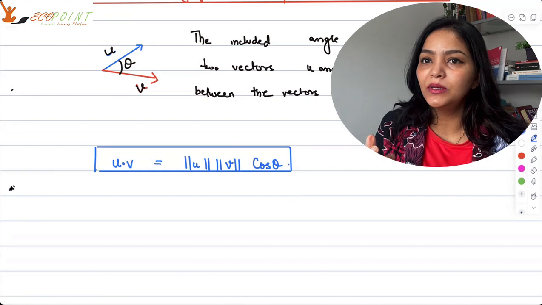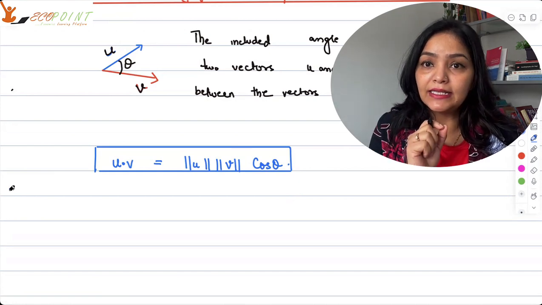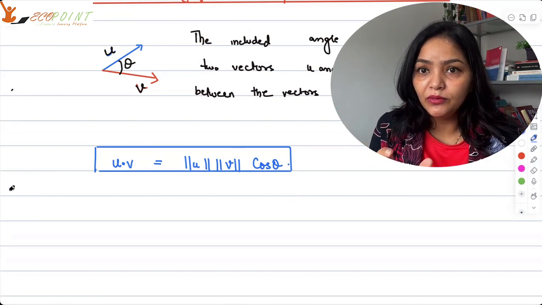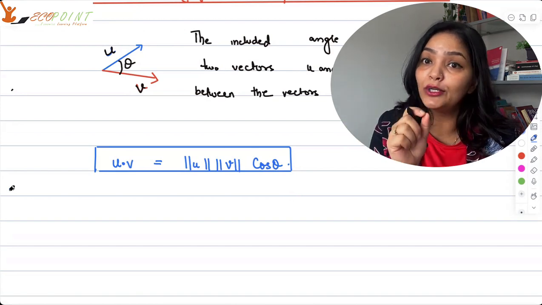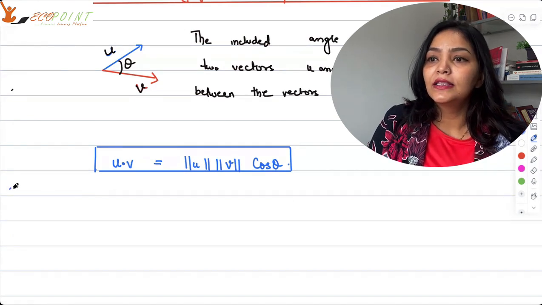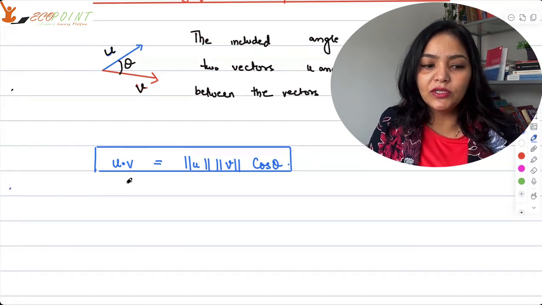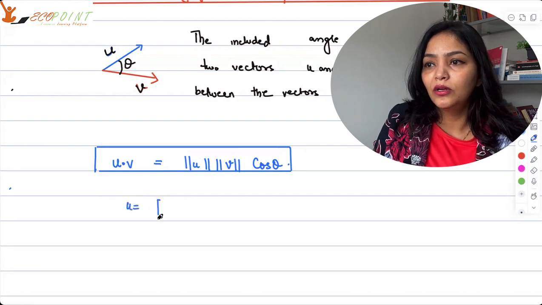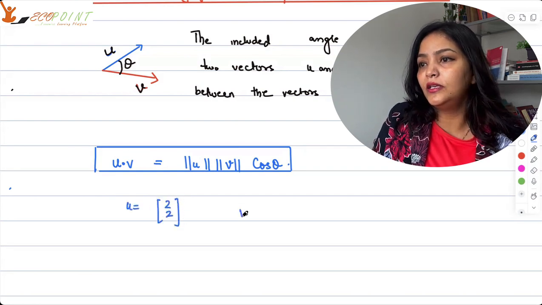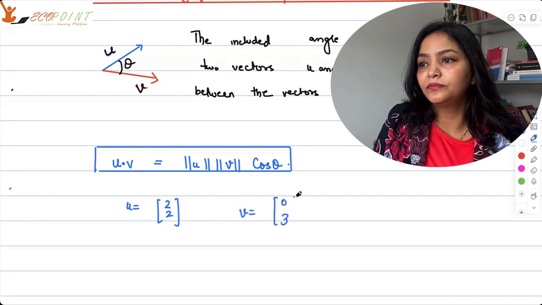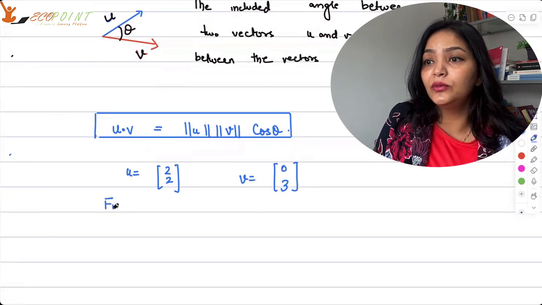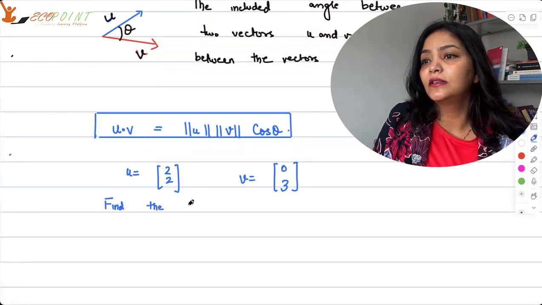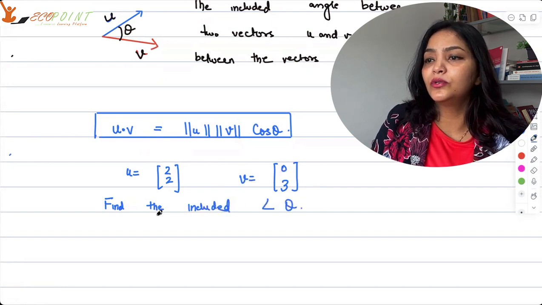In other words, the dot product is the product of the magnitudes or lengths of the two vectors multiplied by the cosine of the included angle. In case you have questions like, say, U is equal to (2, 2) and V is equal to (0, 3), and you are asked to find the included angle theta, how do you go about it?